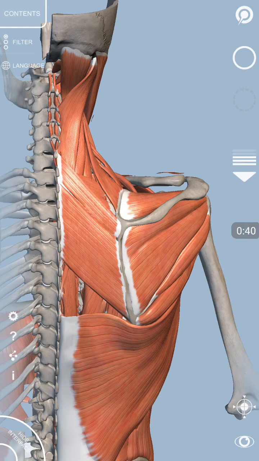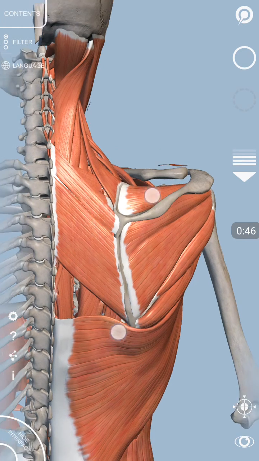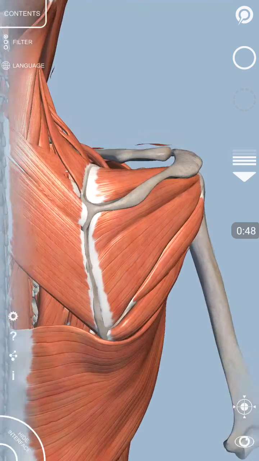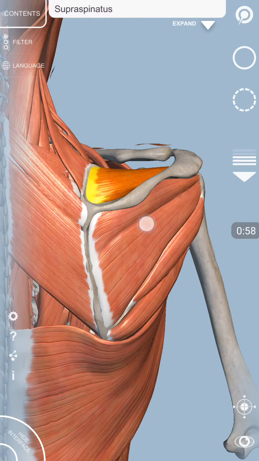I just removed the trapezius and the deltoid muscle, and here we can see on the surface of the scapula the muscles of rotator cuff. Now the question is why they are called muscles of rotator cuff. So these muscles are, first of all, supraspinatus, infraspinatus, and teres minor.